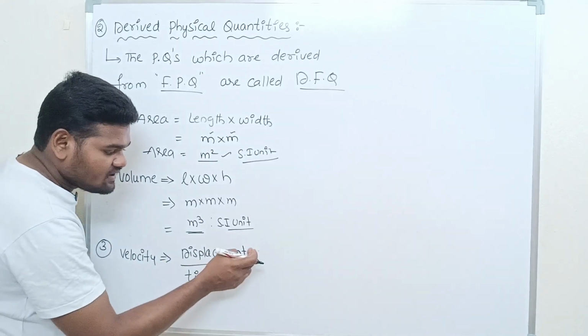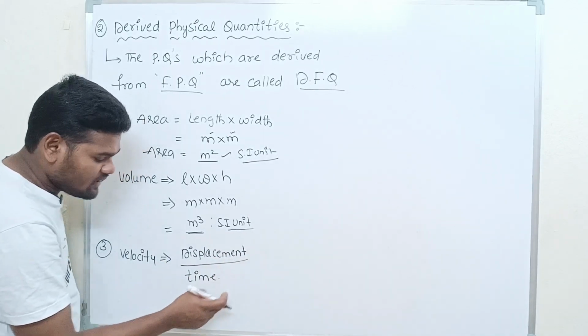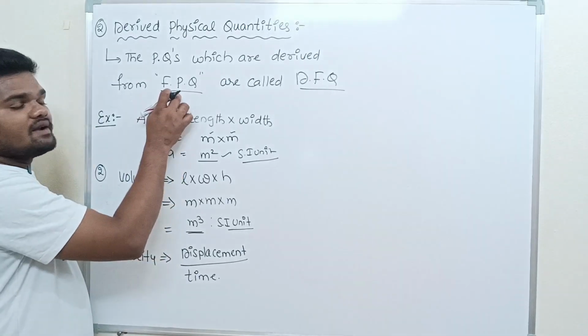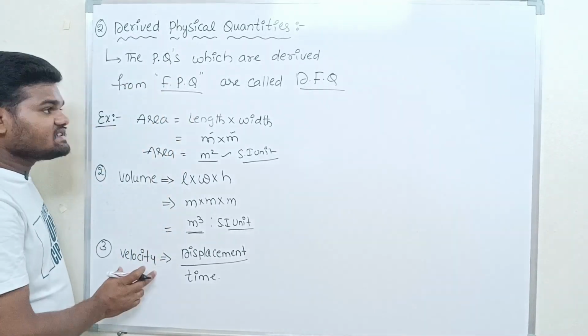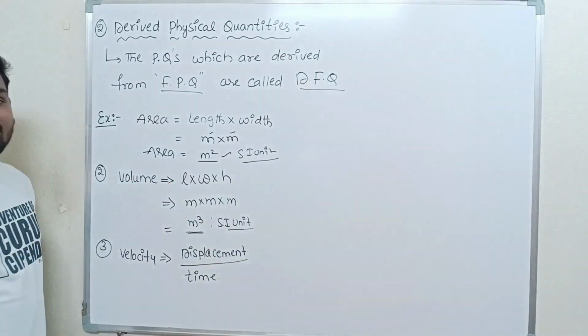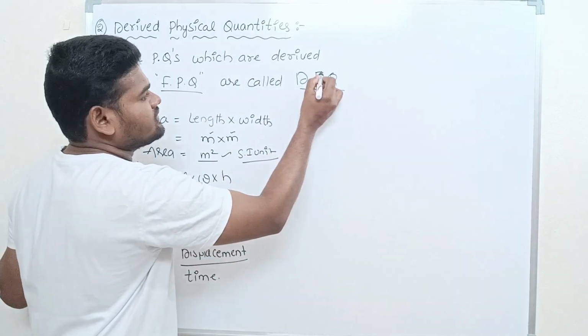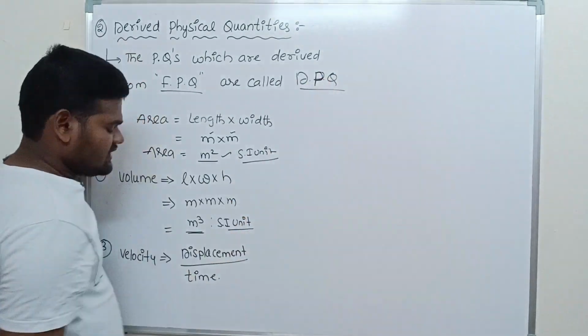So the ratio of two different fundamental physical quantities gives velocity. Velocity is derived from fundamental physical quantities, so it is called a derived physical quantity, DPQ.